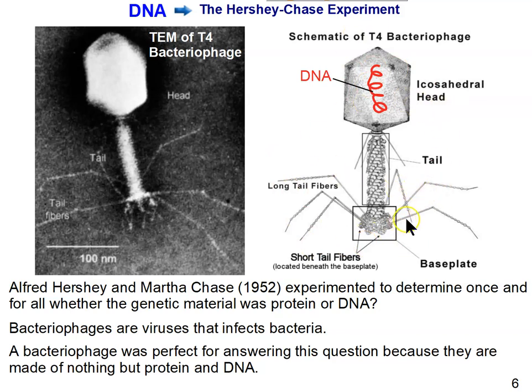It's known as the capsid. The whole outside of the virus, all these different components that are labeled here, is known as the capsid. And then inside this icosahedral head of the virus, there's DNA. So they're nothing but protein and DNA. So it turned out that it was the perfect experimental subject to use to try to figure out what the genetic material is.